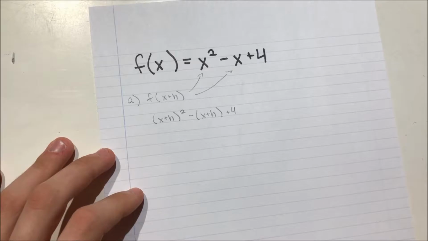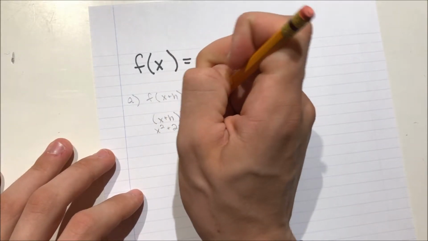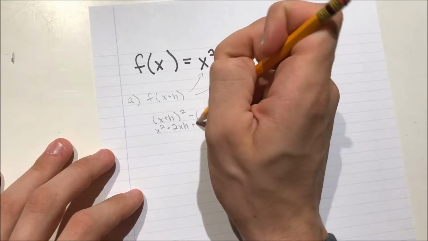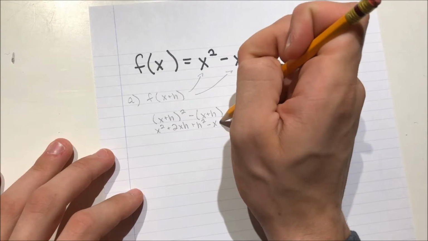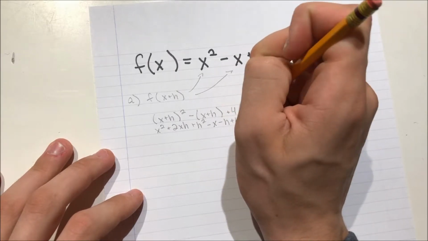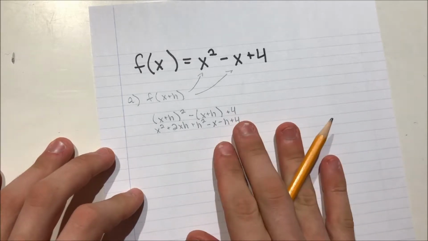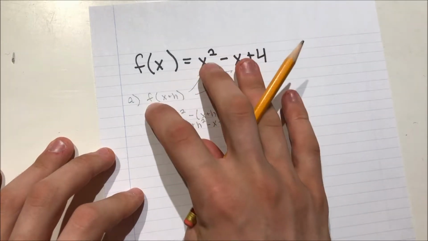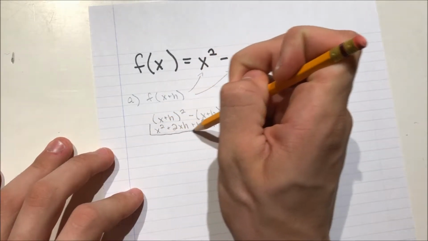And then simplify: x squared plus 2xh plus h squared, distribute the negative, minus x minus h plus 4. And so that is step A. That is what f of x plus h is, right there, and we can box that in.